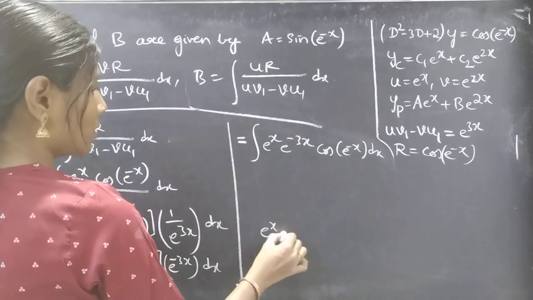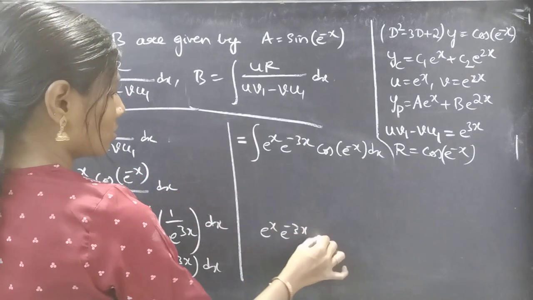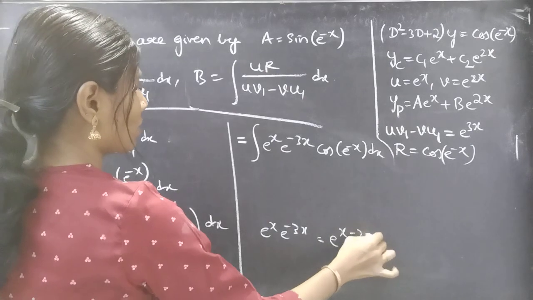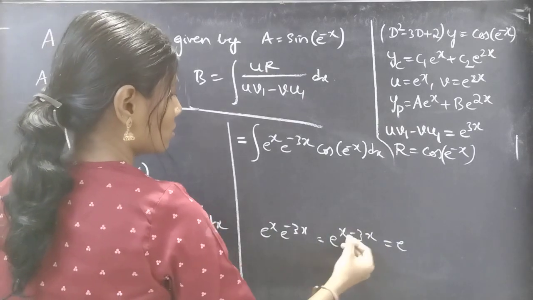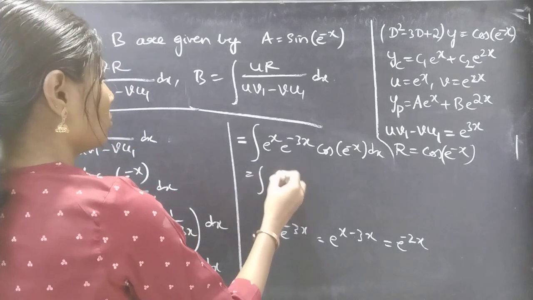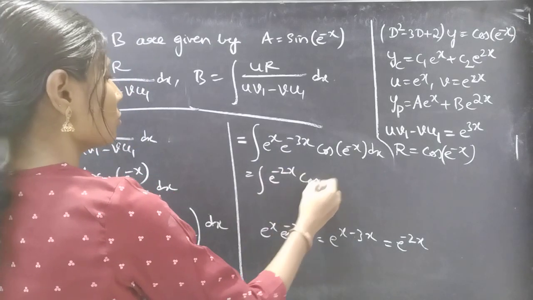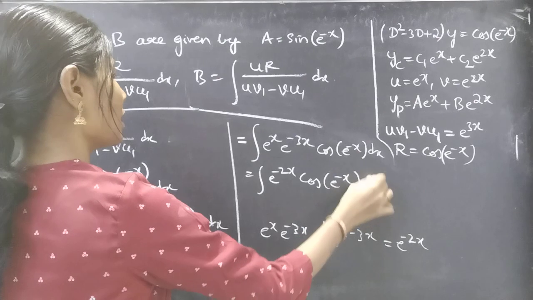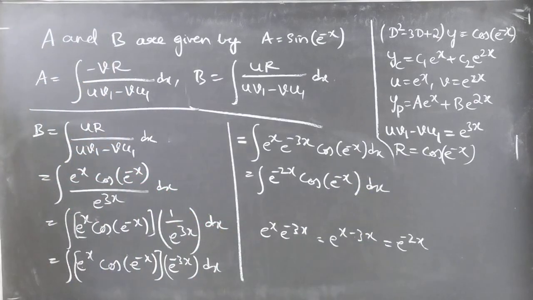And we know that e^x into e^(minus 3x) is e^(x minus 3x), which is e^(minus 2x). We'll get e^(minus 2x) into cos of e^(minus x) into dx.